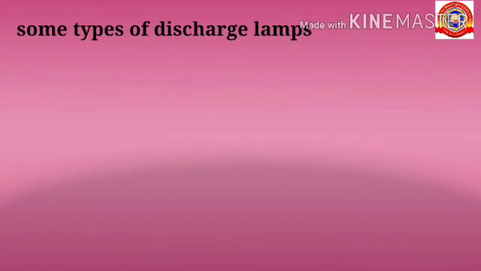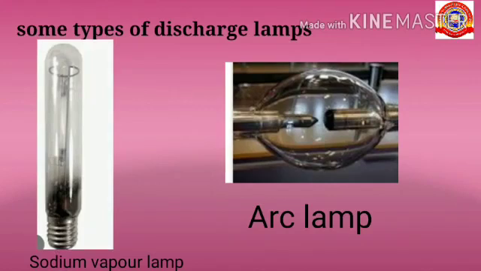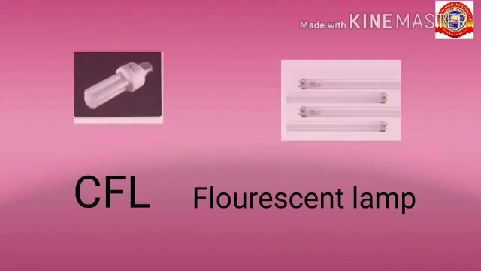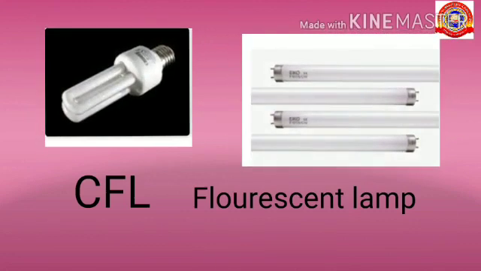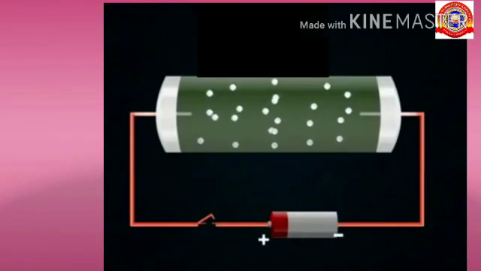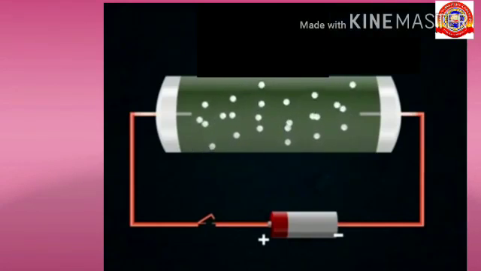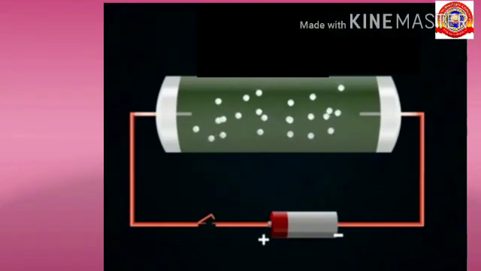First one is the discharge lamp. Here some types of discharge lamps are given: sodium vapor lamp, arc lamp, fluorescent lamp and CFL. And we are familiar with CFL and fluorescent lamp. So let's see what discharge lamps are and how they work. Discharge lamps are glass tubes fitted with two electrodes.